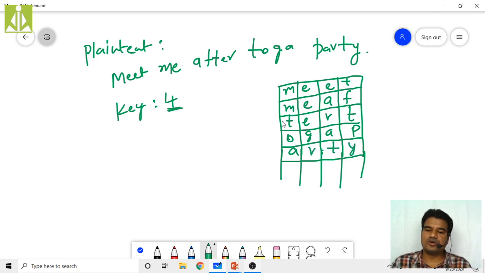In order to perform the transposition according to this rail fence technique, instead of considering the rows for the message, we'll consider the columns. So what ciphertext will I get? Simply see this ciphertext. First I will get MMTOA.